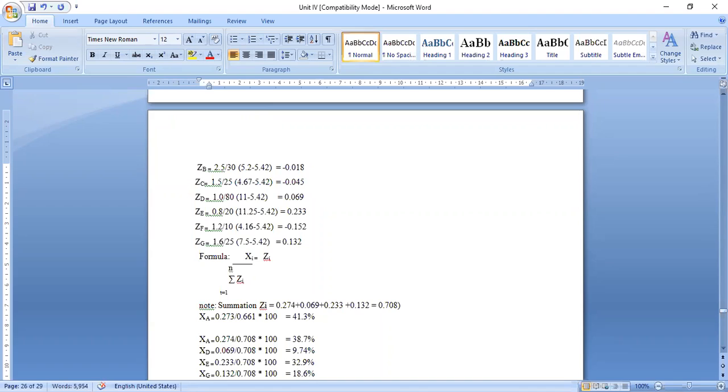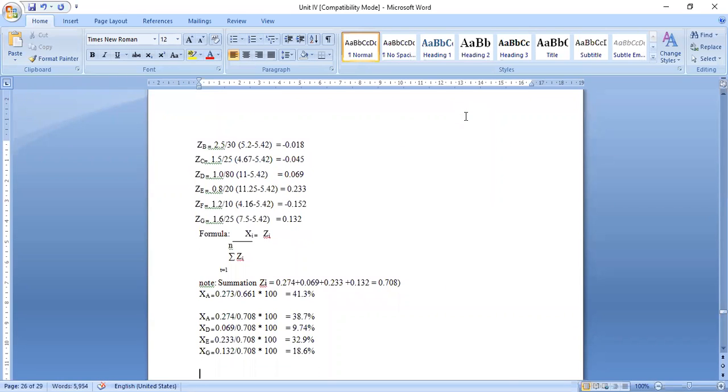So 38.7 plus 9.74 plus 32.9 plus 18.6. Yes, so we'll get 99.9. You can round it off to 100. Okay. So what I have done here, I had not done the corrections which I had done in the table.